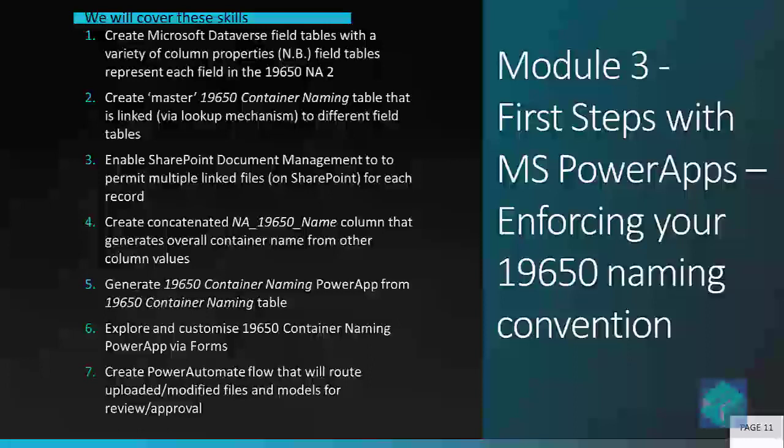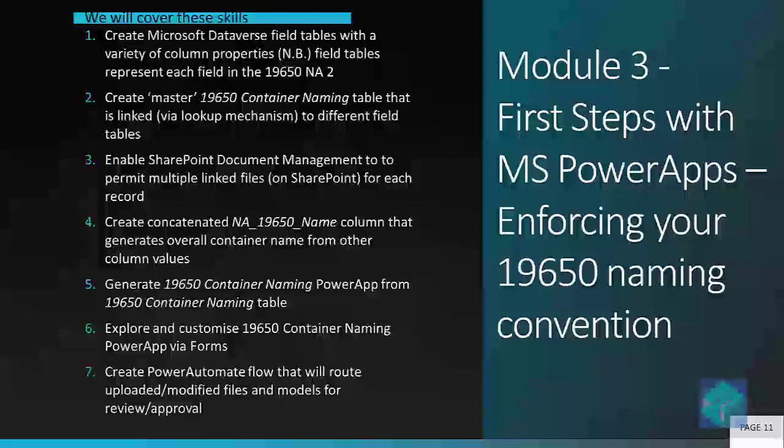Another piece is generating the concatenated name, which we talked a little bit about. And then out of the table, you're going to see how easy it is to convert a table into an app. You can just push that into Teams. All of the examples of the app that I show you are going to be in Teams itself. It is as simple as moving it to Teams. There's just a button that allows you to do that.